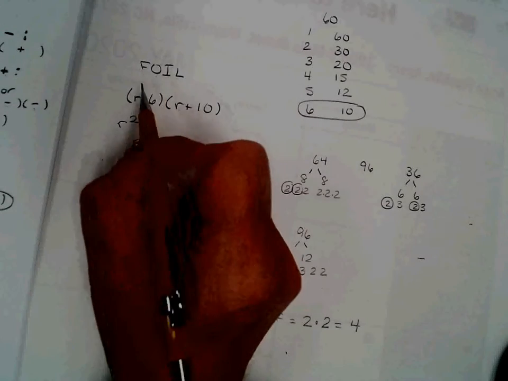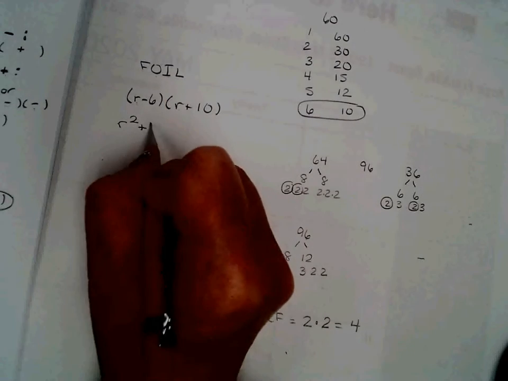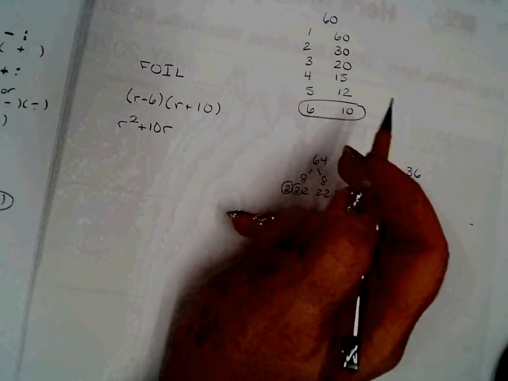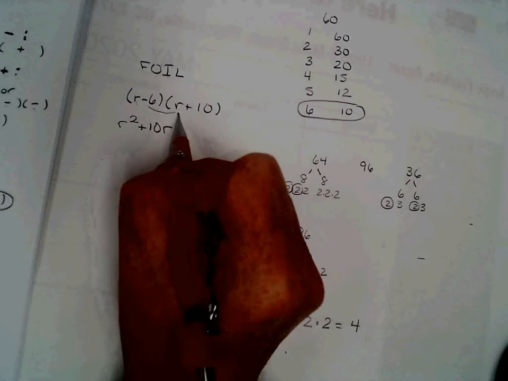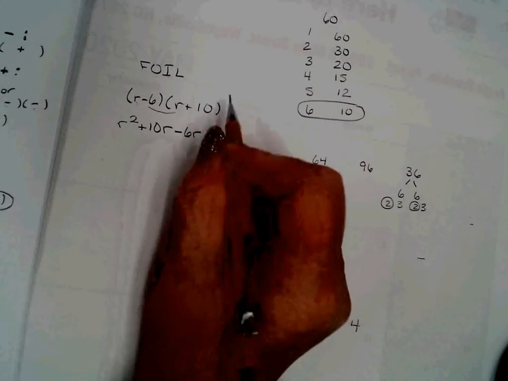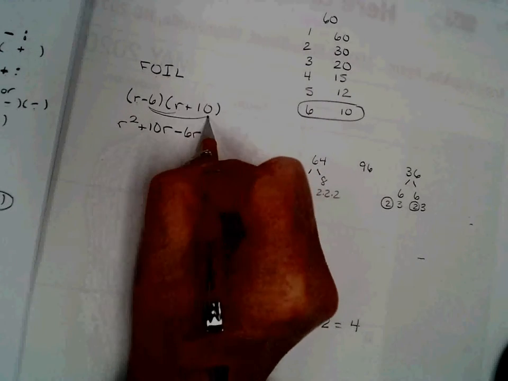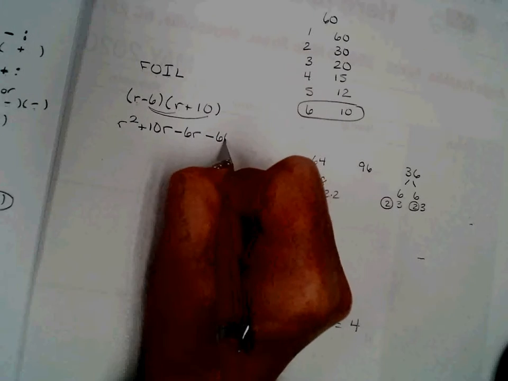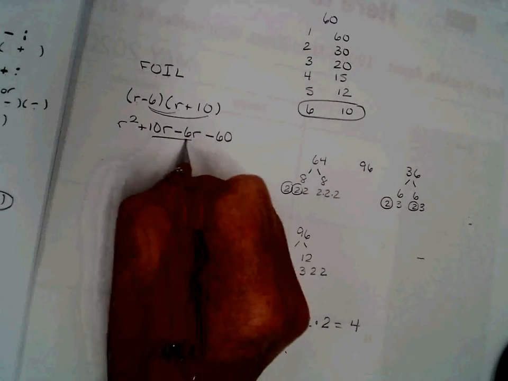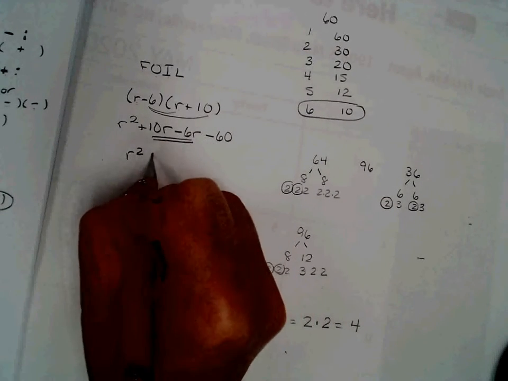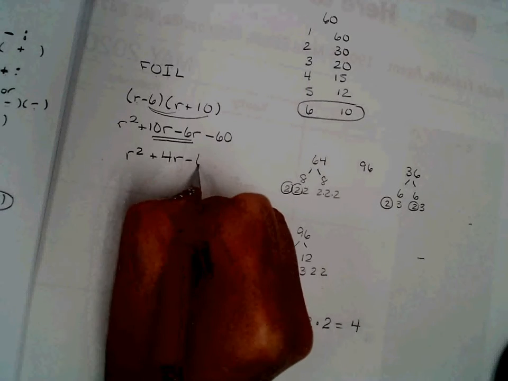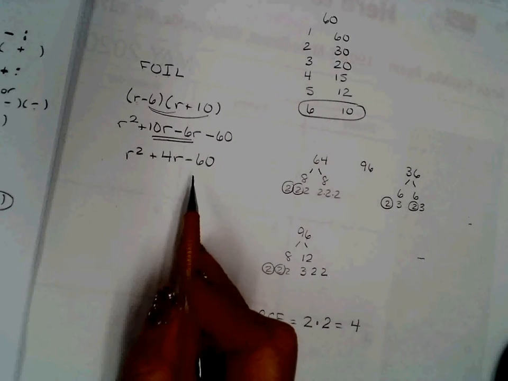Outer, r times 10 is 10r. Inner, negative 6 times r is negative 6r. Last, negative 6 times 10 is negative 60. I combine like terms. R squared plus 4r minus 60.